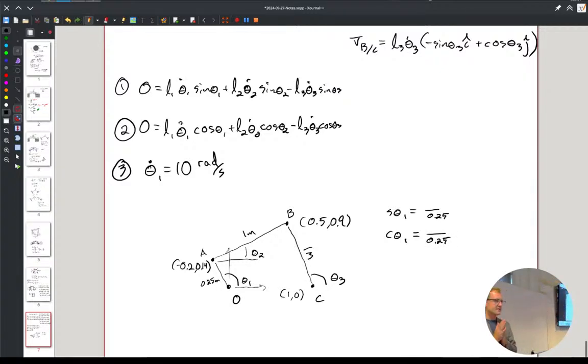So what is sine theta 1 and cosine theta 1? I know it's something over 0.25. What's the something?